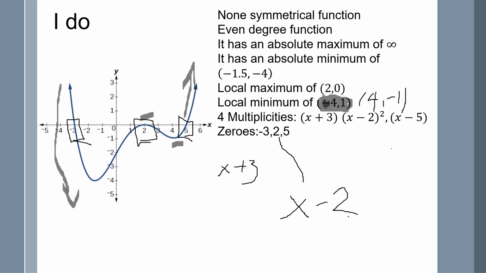And because it bounces right here, that means you're going to have a repeated factor of that. Let's look at 5. You see how 5 cuts through the graph once? Well, that's the answer, but if we go backwards, it's going to be x minus 5, and because it cuts through, it's going to be your x-intercept once, and you rewrite it like that.